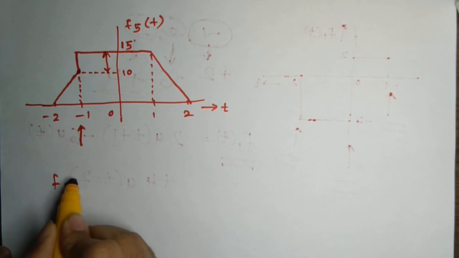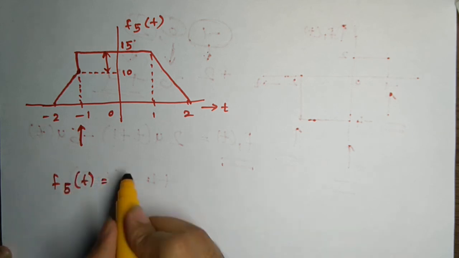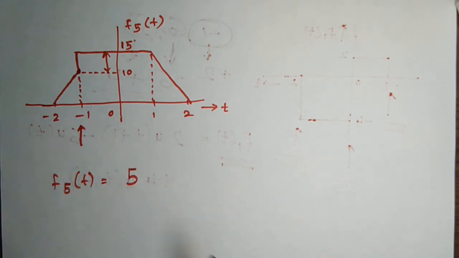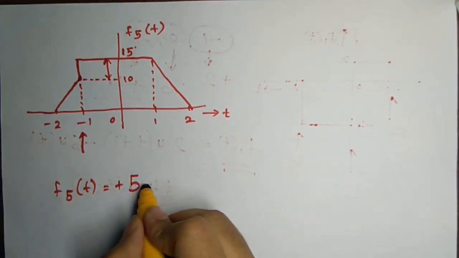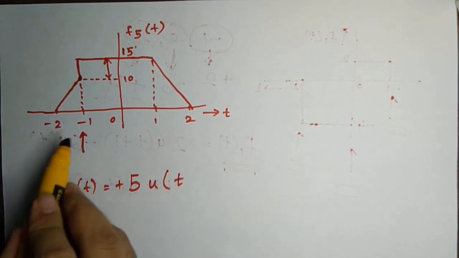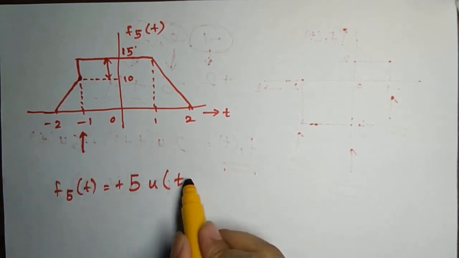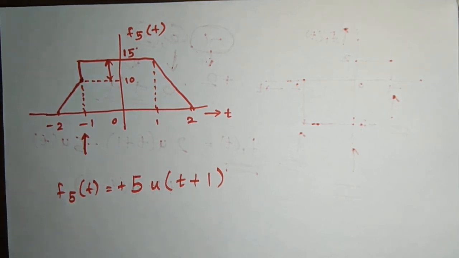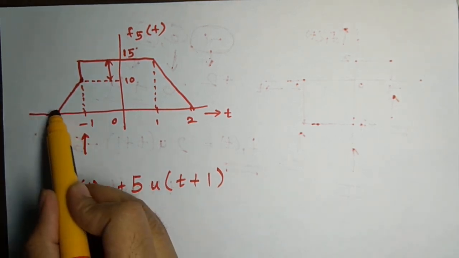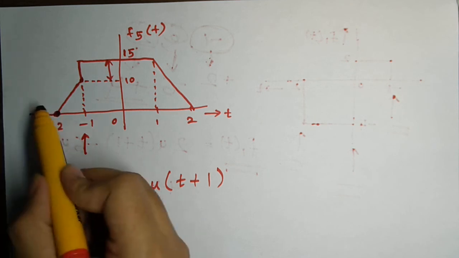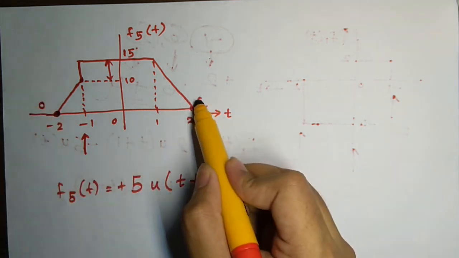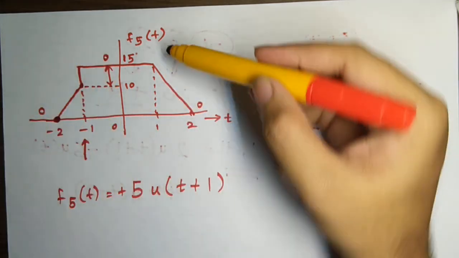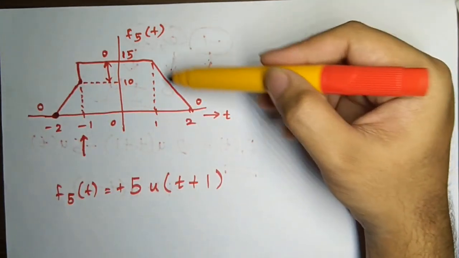So let's write it down first, so that we can take the ramps together. This is plus 5 u of t plus 1. Now we'll look at sudden change in slope. The slope changes at how many points? Here the slope is 0, because it is horizontal. What is the slope here?